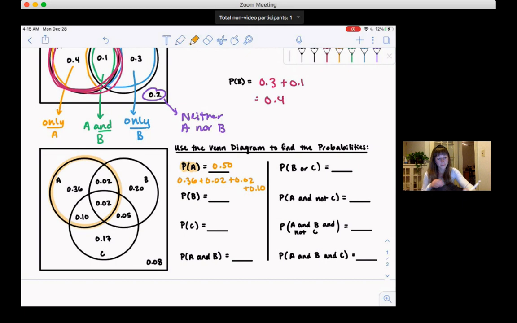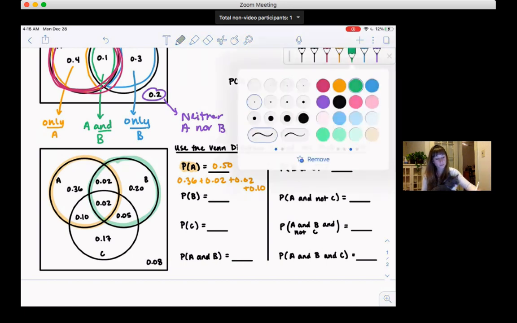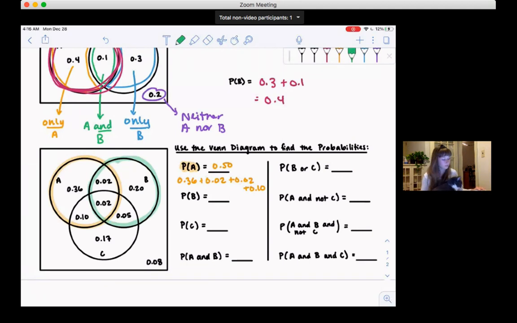Probability of B, that's anything in this circle. So we add up all of these sections: only B, A and B, B and C, and A, B, and C. Those are all mutually exclusive situations where B happens, so we add them up to get the probability of B happening in general.